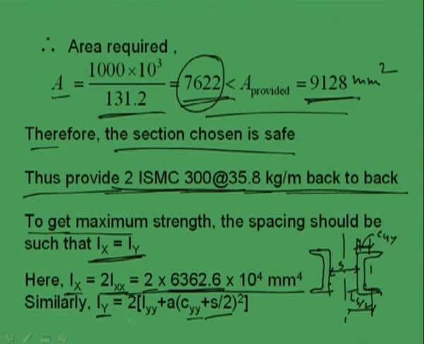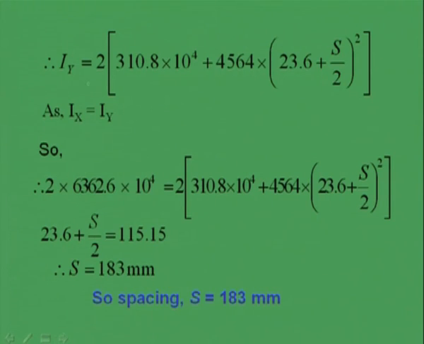This will become total Iy. Now, if we make Ix equal to Iy, we can find out the value of S, where S is unknown, and it is coming 183 millimeter, right.